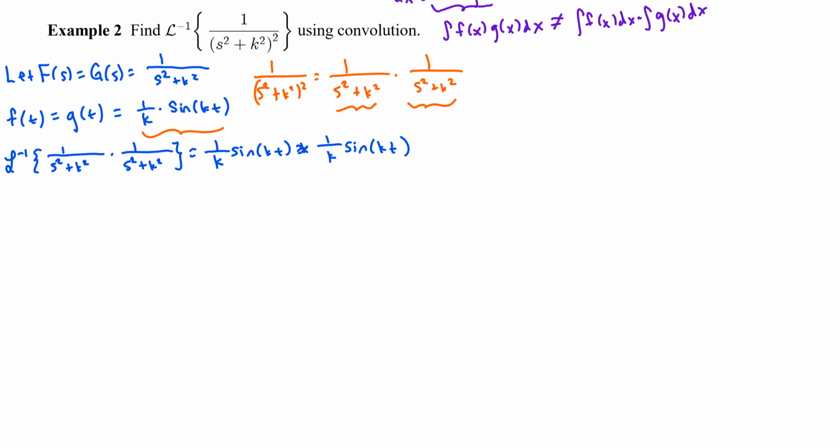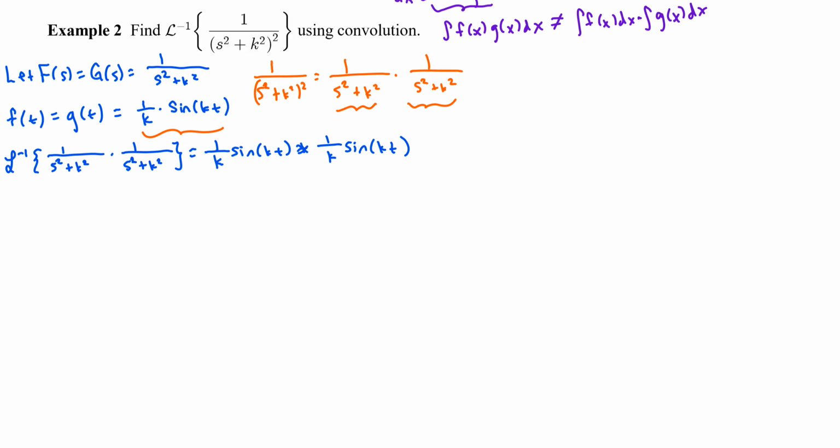Okay, so the order of operations: I find the inverse transform from the table of each individual factor, and then I'm going to convert from multiplication on the s side into convolution on the t side.